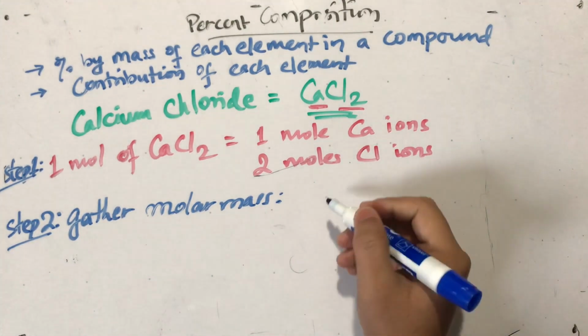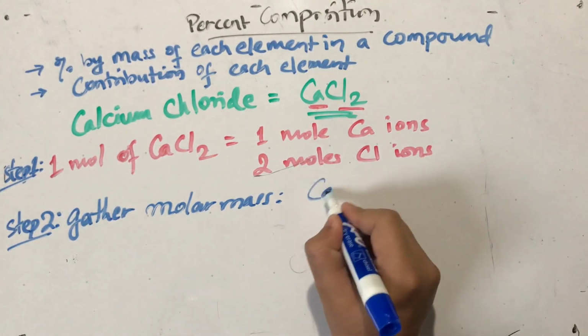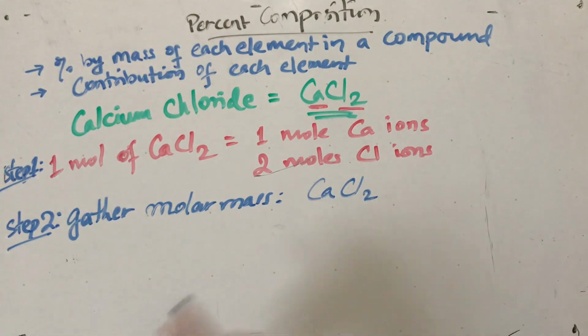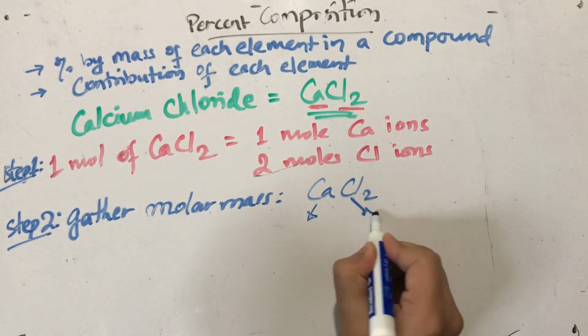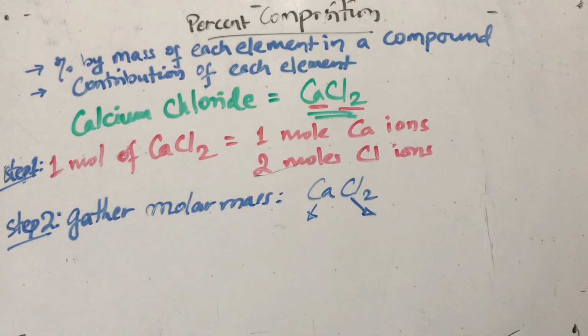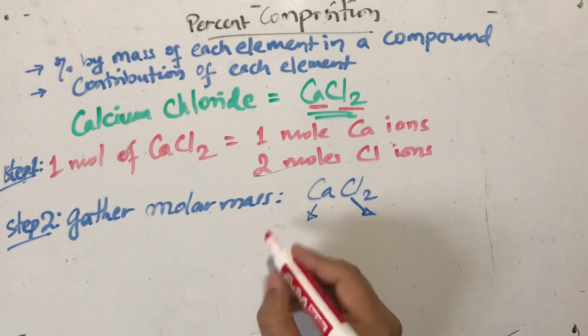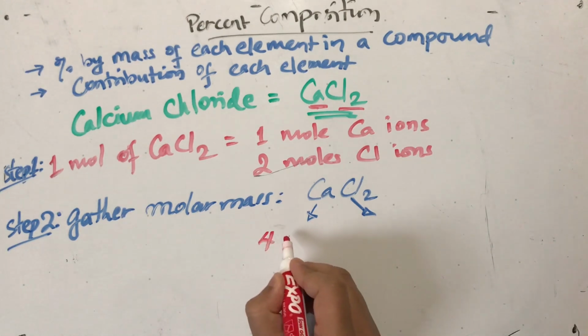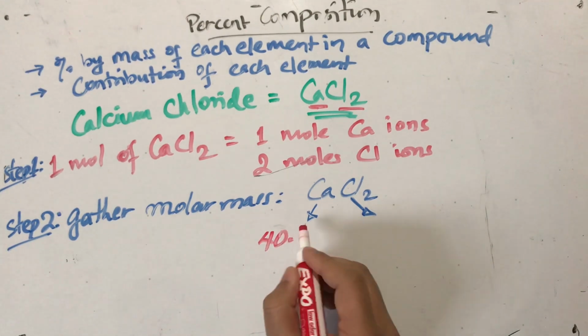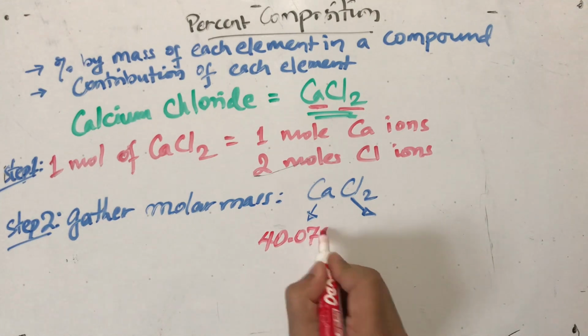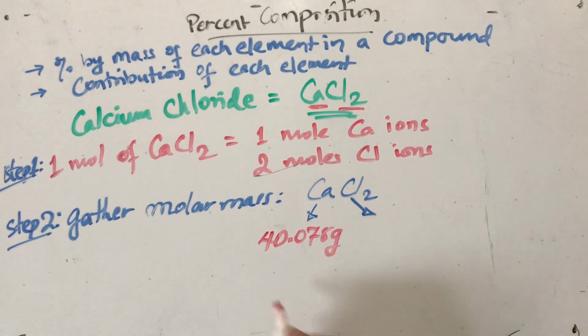So we have calcium chloride, and to calculate the molar mass, we have calcium and chloride. If you look at a periodic table, the atomic mass of calcium is about 40.078 grams, and there is only 1 of them, so you multiply that by 1, which gives you 40.078.